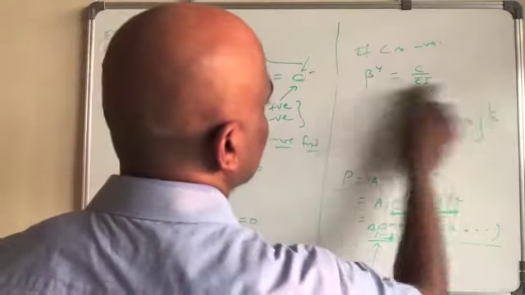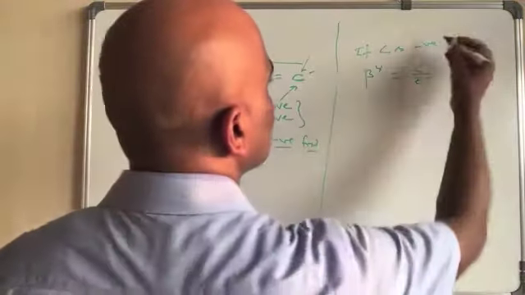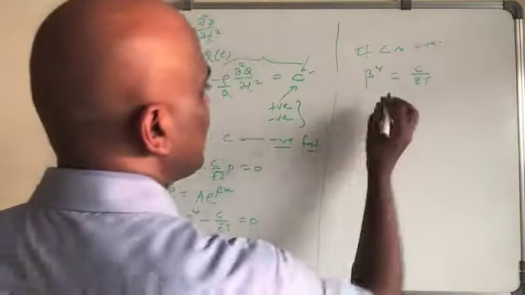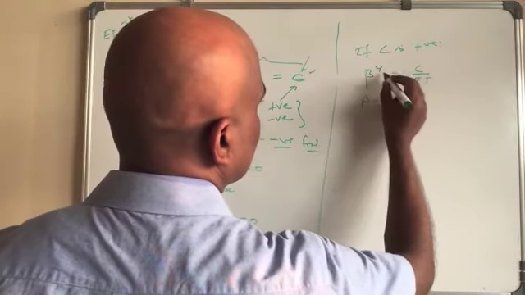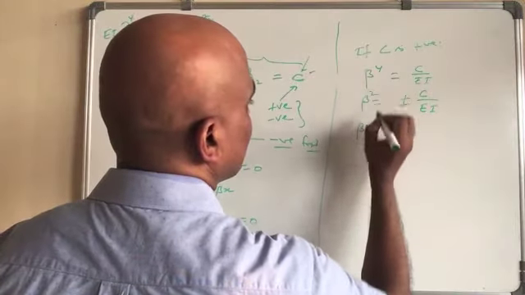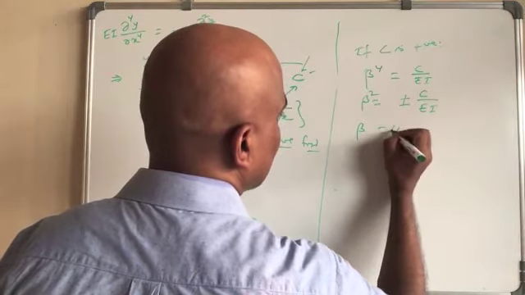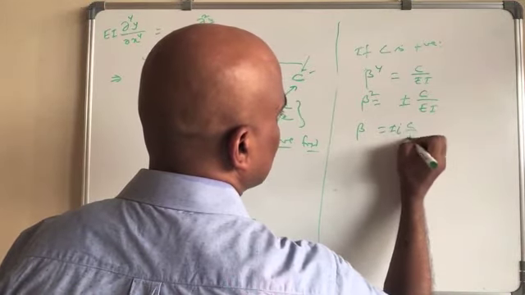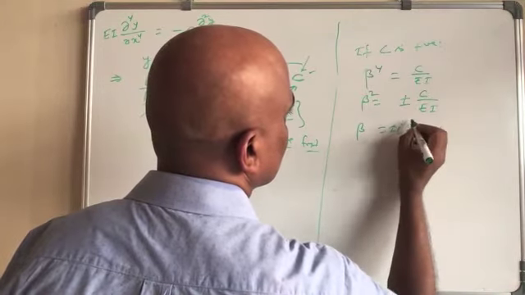So let's see C equal to positive. Then what happens? Same thing, but repeat with C equal to a positive number. Then you have beta to the power 4 equal to C over EI, and then beta equal to plus minus I C over EI to the 1/4, and also plus minus.